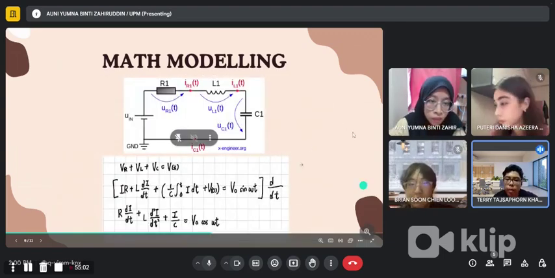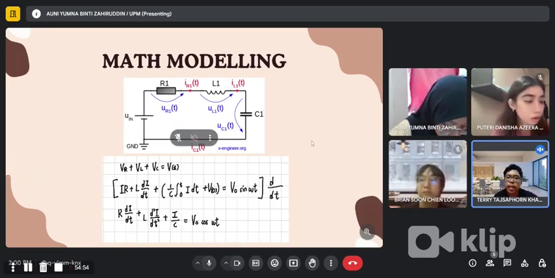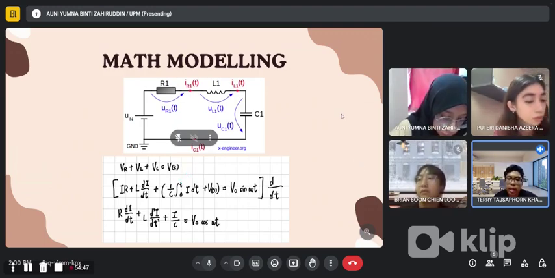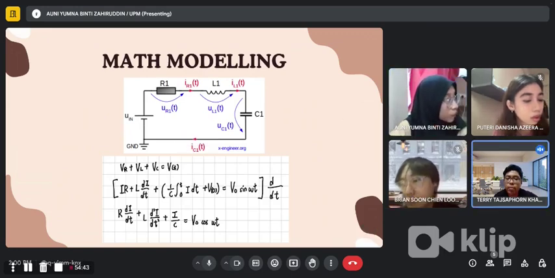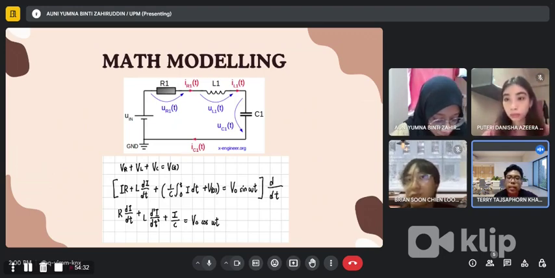So from that, we can conclude and write the total voltage, which is VR plus VL plus VC equals VT, the total voltage. We can write that as IR plus L dI over dt plus 1 over C integration from t0 of I dt plus V0 equals V0 sin omega t.